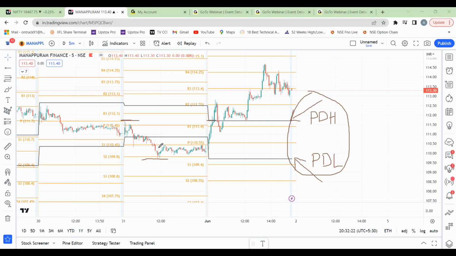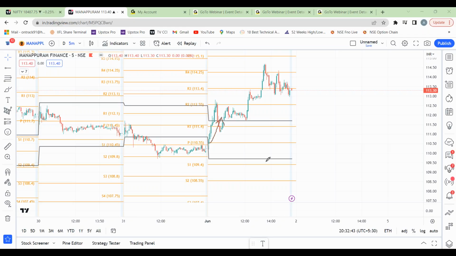Okay, previous day high and previous day low are marked here. These are important levels to watch on any given day in any specific stock. See, whenever stock moves above previous day high, this is when you can expect a big move in the stock.